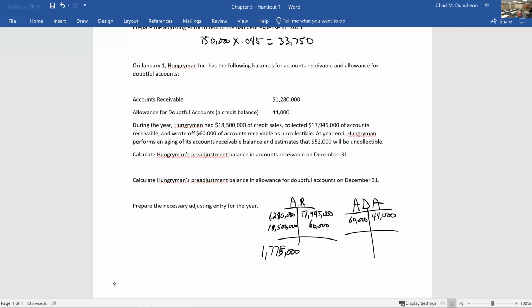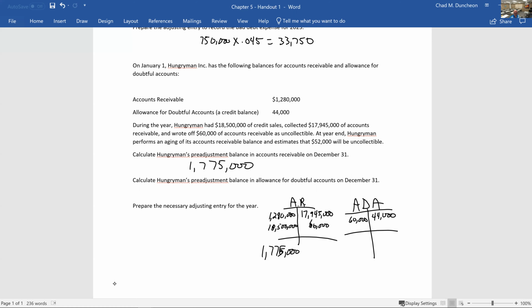Since my accounts receivable normally has a debit balance, I added up my left side and subtracted what was on the right. It's a normal debit balance. That's what you can do to find the account. So the accounts receivable was $1,775,000 before this adjustment.